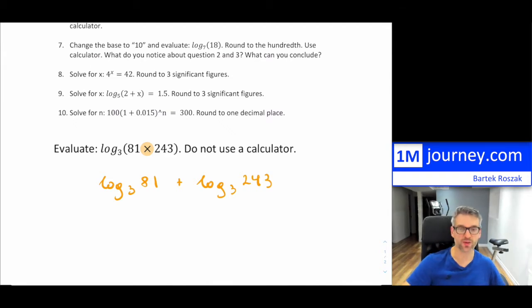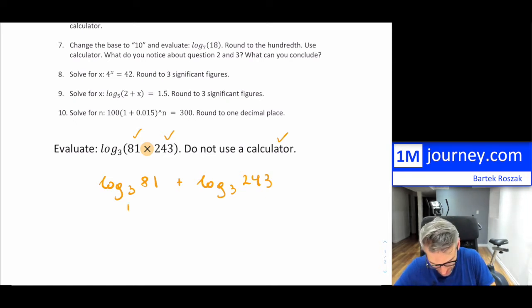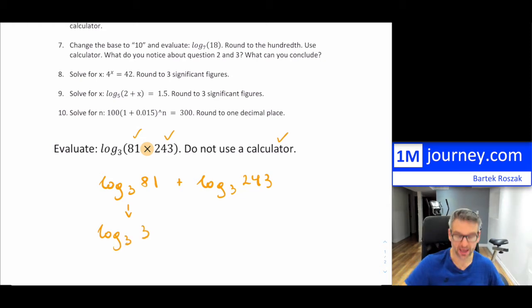So you can do that instead of multiplying the 81 times 243 and then trying to figure this out, especially when they say, do not use a calculator. So this right here, 81 itself, it doesn't mean that it's easy, but you will find that this is going to be log base 3, and now 81.